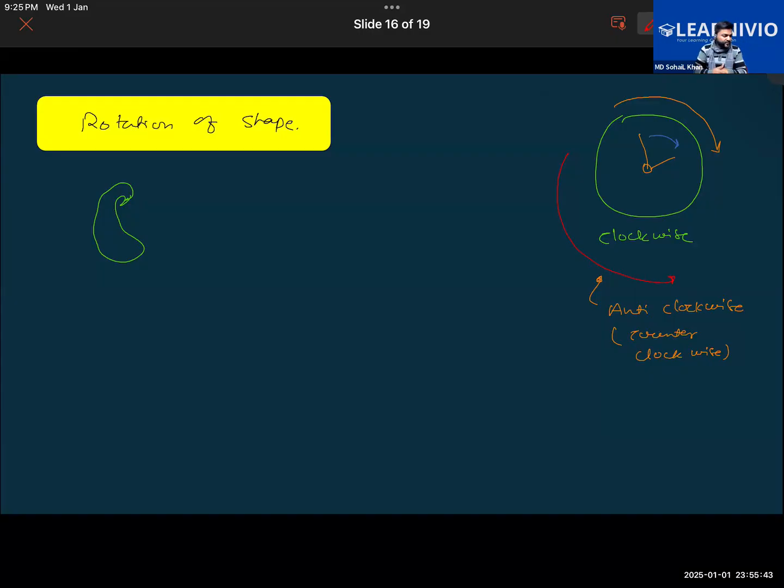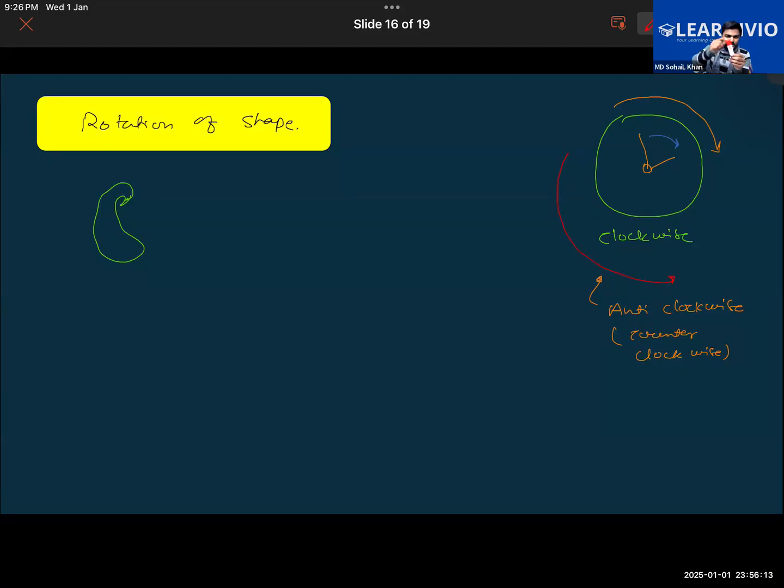Say for example, I have this whitener over here. If I were to rotate it 180 degree, it will be completely rotated like this now. If I were to make it rotate 90 degree, it will be rotating like this much only.